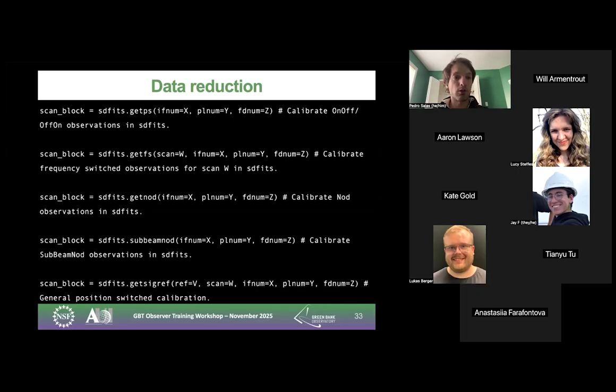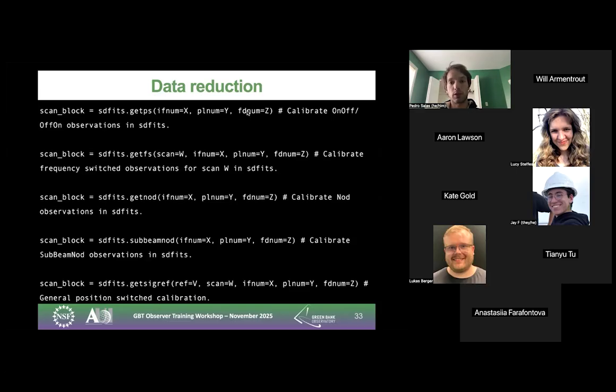tomorrow. So a few more things you can do, right? We spoke about the calibration methods. Whenever you want to calibrate data, you need to specify at the very minimum, and depending a bit on the type of observation, the spectral window or IF number, IF num, you want to reduce, and the polarization number or PL num you want to use.